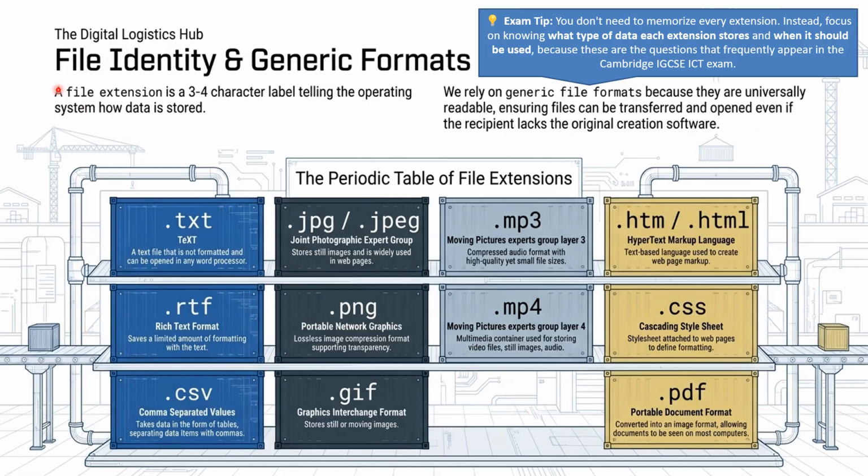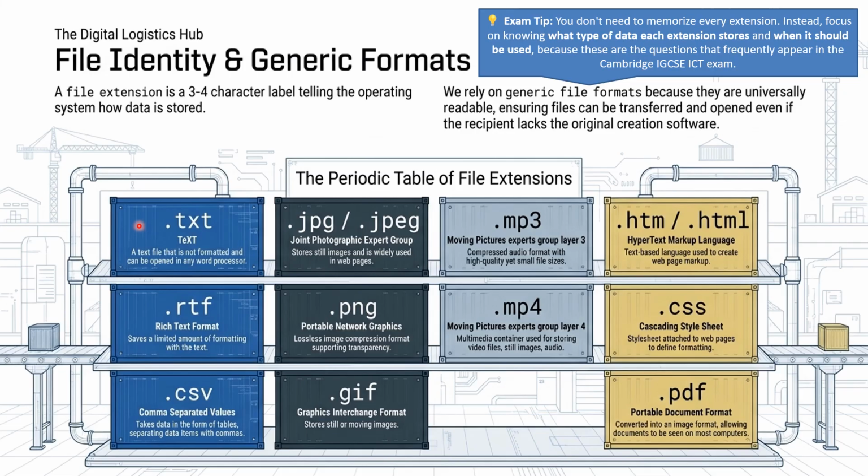Now that we understand what a file extension is and why generic file formats are important, let's look at some of the most common file extensions. On the left, we have .txt, which stores plain text without formatting. It's one of the simplest file types and can be opened by almost any text editor.